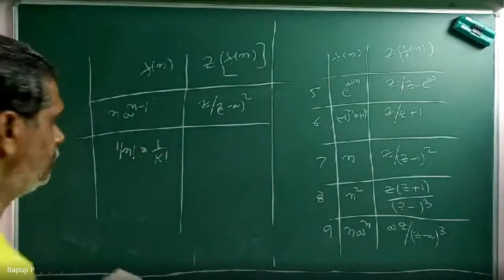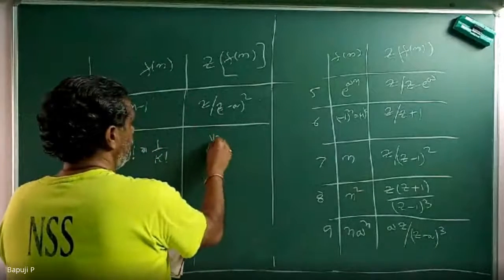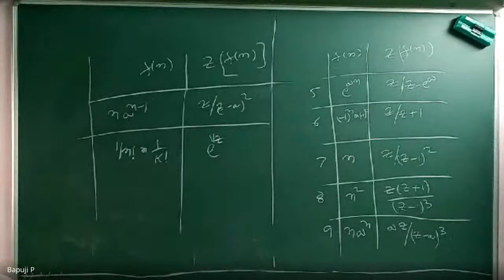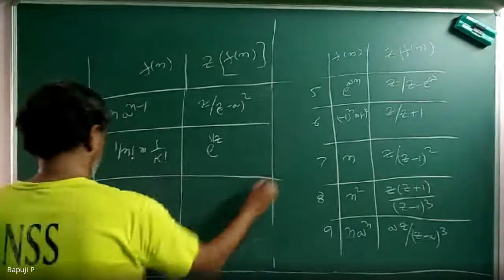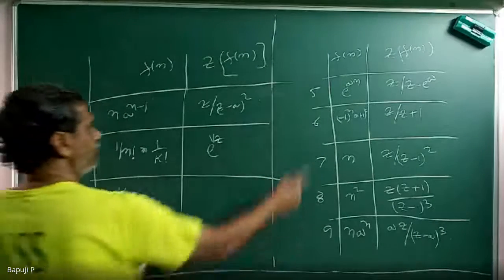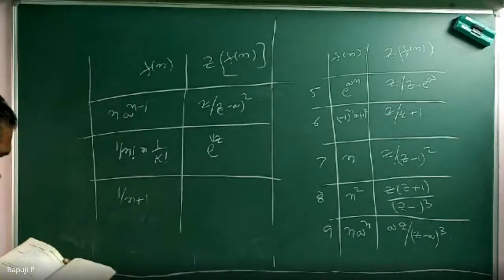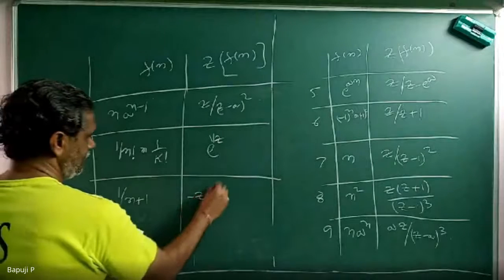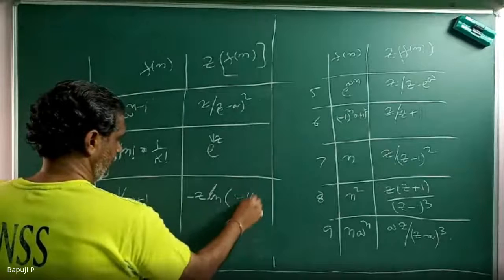So this is equal to what? E to the power of 1 by z. Okay, 1 by n plus 1 or 1 by k plus 1. So this you will get minus z log of 1 minus 1 by z.